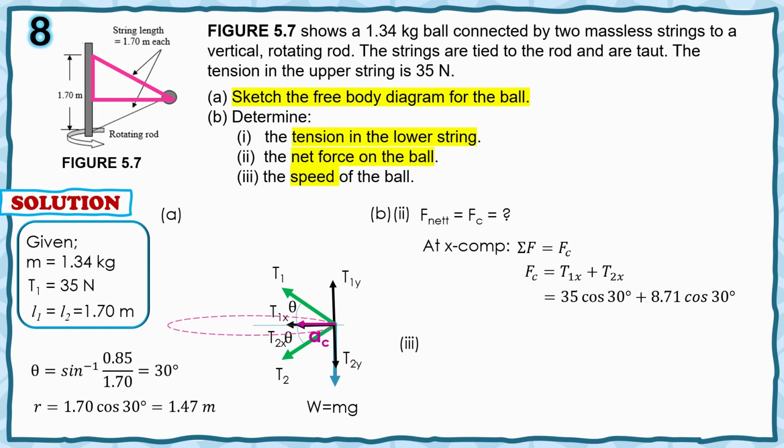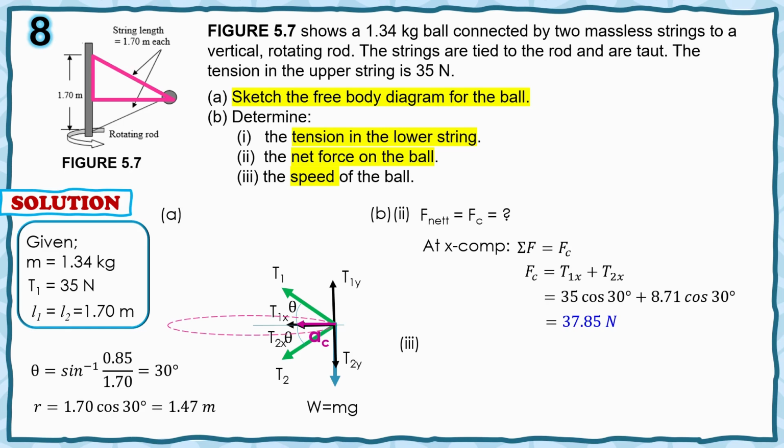There are only two forces at the X component, T1X and T2X, and both are in the same direction as the AC. So both are positive, T1X plus T2X, and when you substitute the values, you will get the centripetal force, or the net force on the ball, equal to 37.85 Newton.